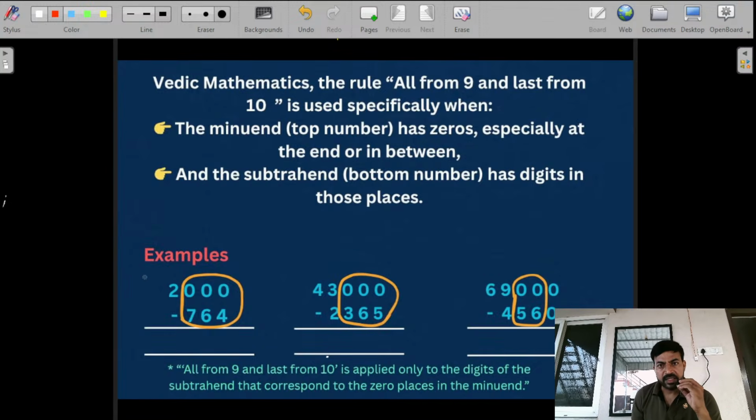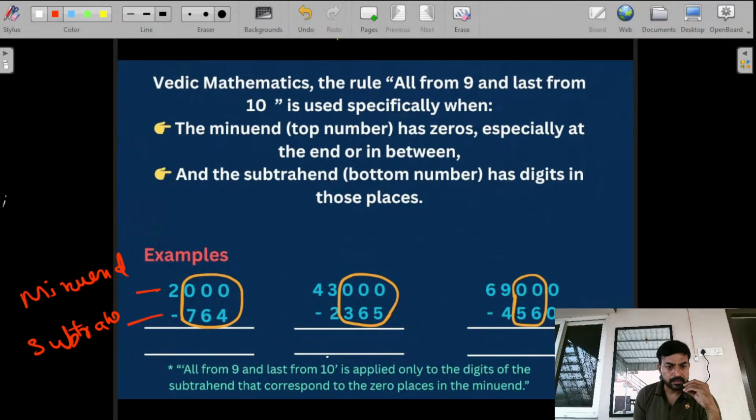When you find this, this is the minuend and this is the subtrahend. When you find zeros in the minuend and non-zero digits in the subtrahend, you have to apply all from 9, last from 10. Two steps are there.